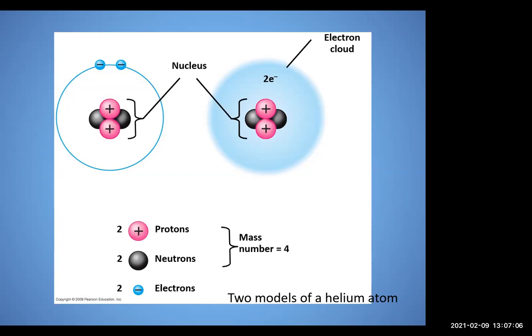If your nucleus was the size of an orange, your electrons would be out in the nosebleed seats. So matter is really made up of empty space, which is kind of cool. And if you think about it, what it's really made up of is energy, because those electrons zipping around the protons are what gives everything the ability to react. It's the energy. So things are made of energy.